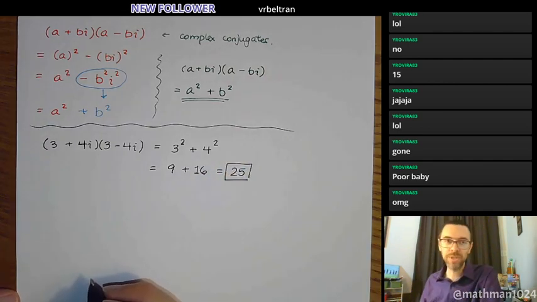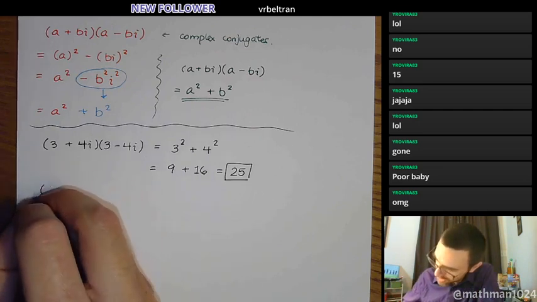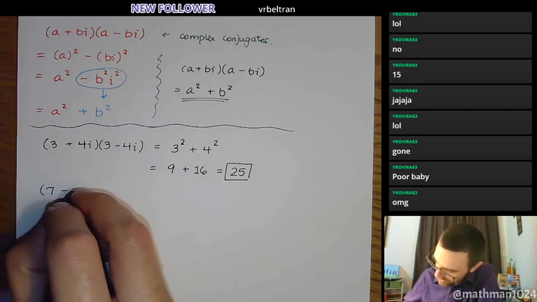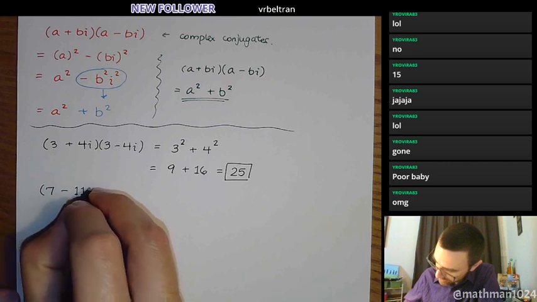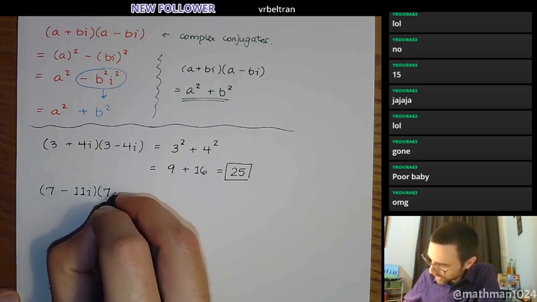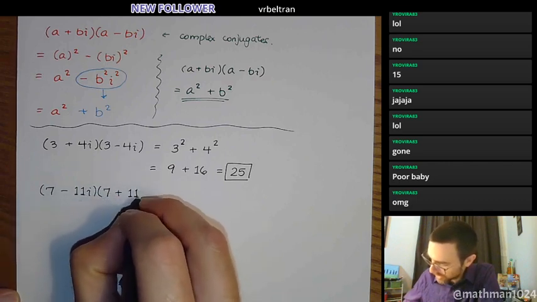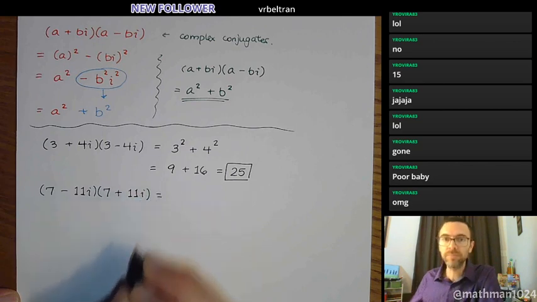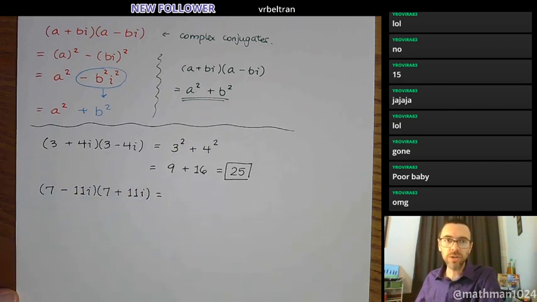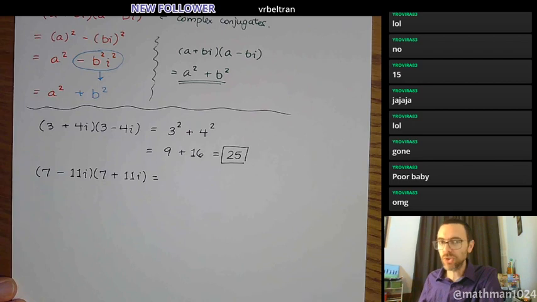Okay, that's it. If I take 7 minus 11i times 7 plus 11i, these are also complex conjugates, so I can use the shortcut.